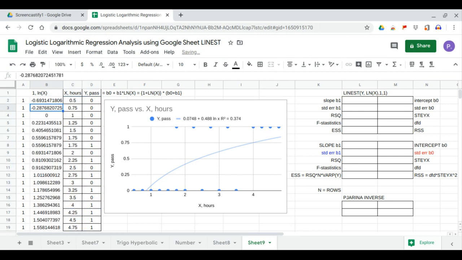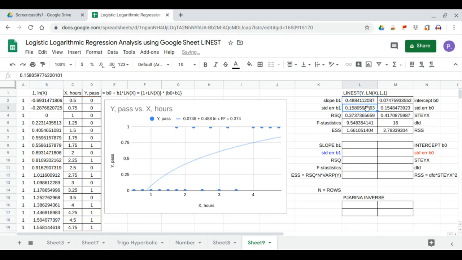Now that we have the ln x matrix, we can enter the LINEST function, LINEST of data y, data x, where data x will be ln x, and we show the full statistics.